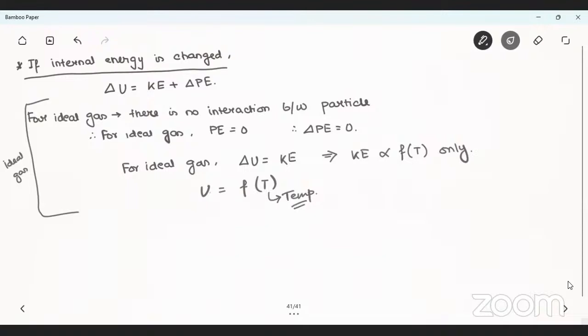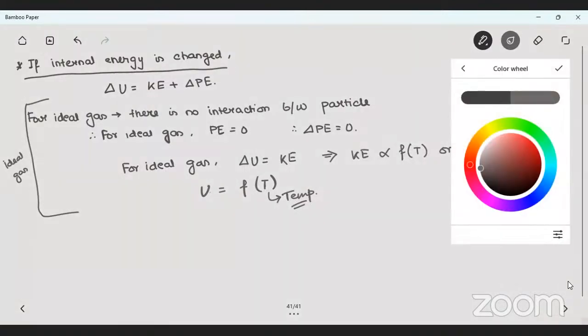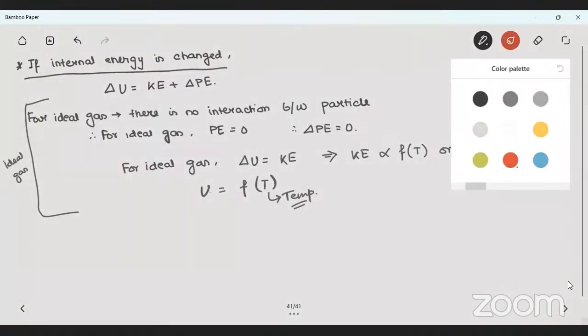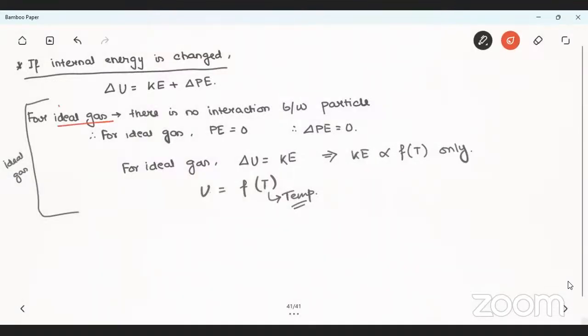And for real gas, there will be interactions between particles. So for real gas, delta of potential energy will not be zero, and the potential energy will also not be equal to zero.